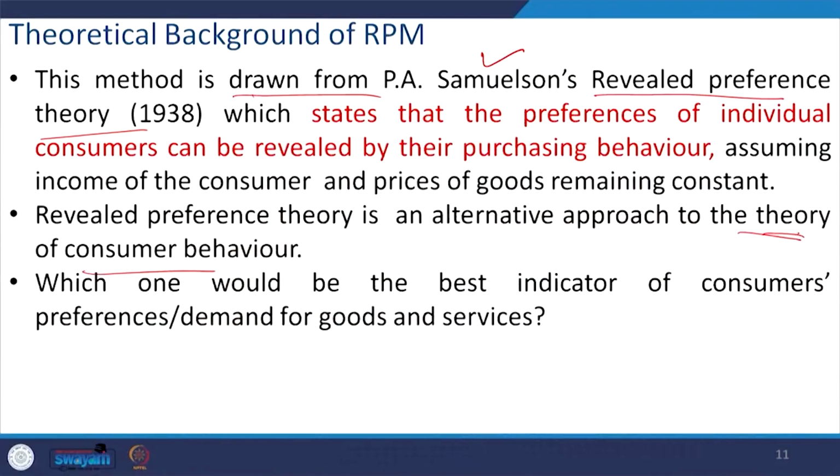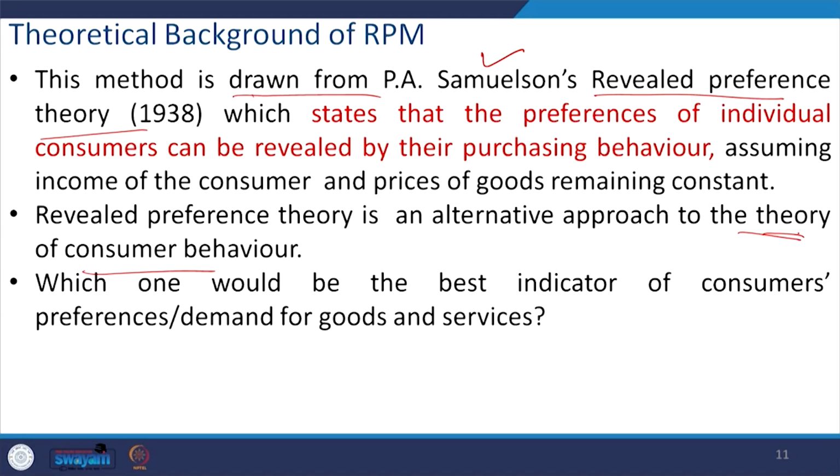Theories like the cardinal utility approach and the ordinal utility approach are the approaches to consumer behavior. So, in this context, P. Samuelson's reveal preference theory is an alternate to the established theory of consumer behavior.